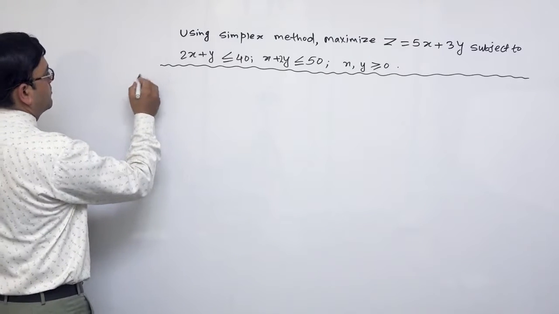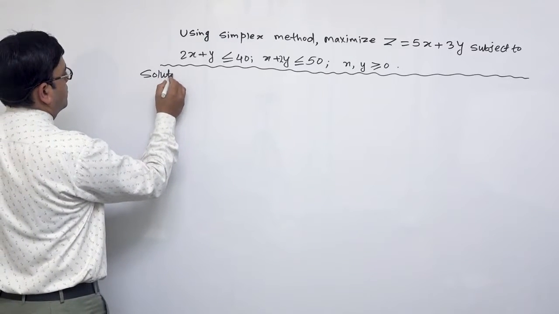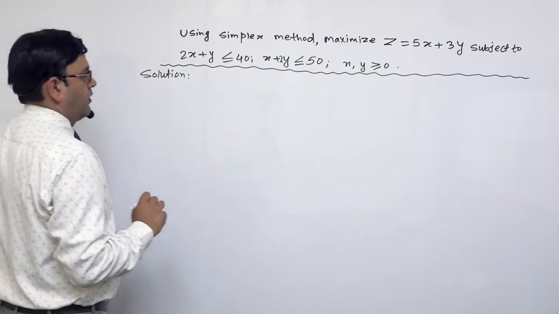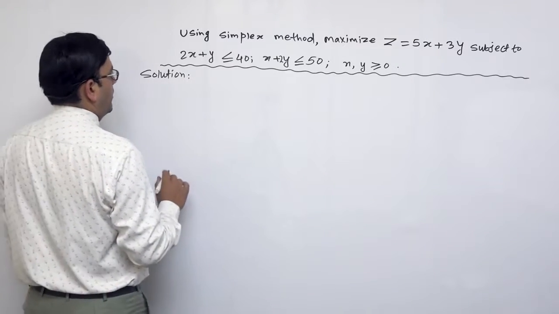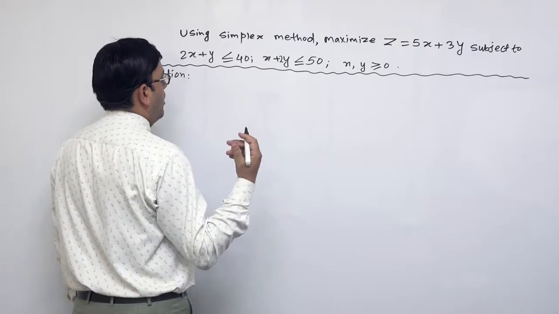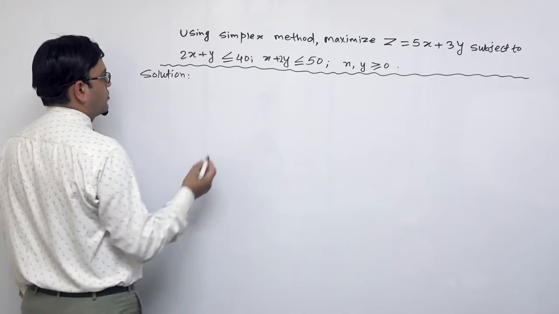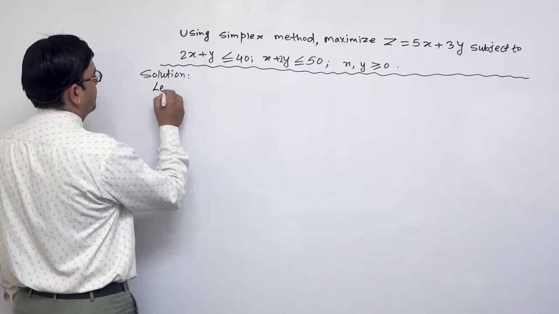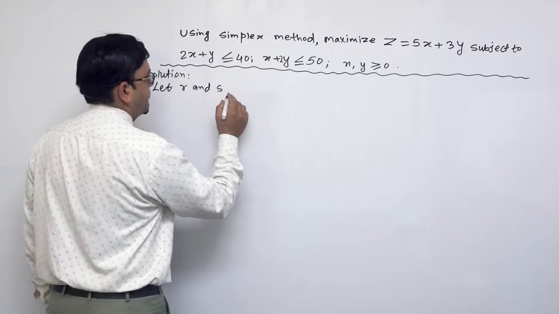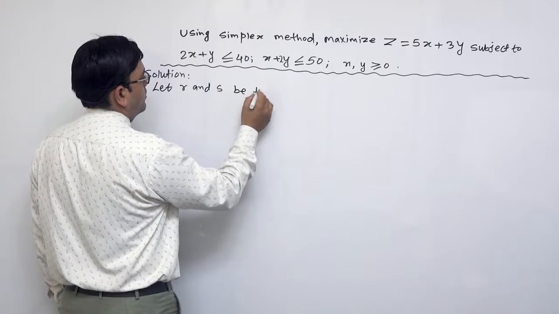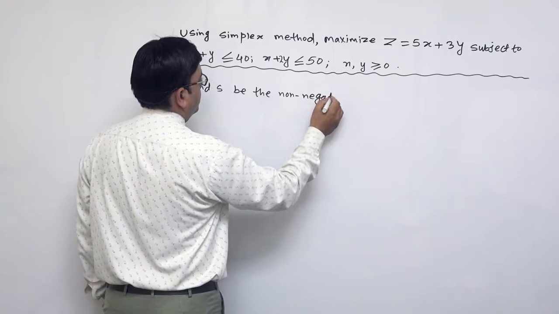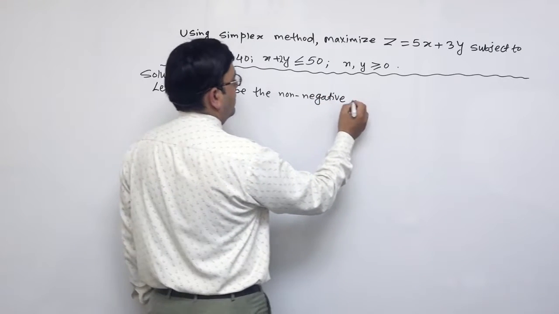Solution. In this question, first of all we have to suppose the slack variables, as you already know. So let r and s be the non-negative slack variables.